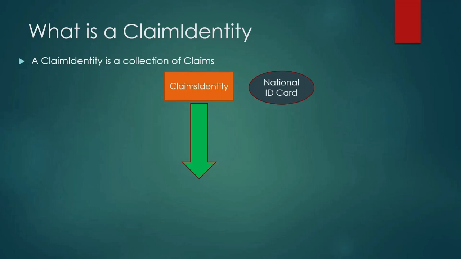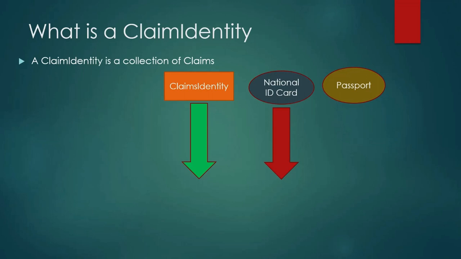Those are actually claims. So the national ID card holding a collection of claims is what we are calling a claims identity. It has a collection of claims, that is the first name, last name, middle name, date of birth, and maybe the ID number.